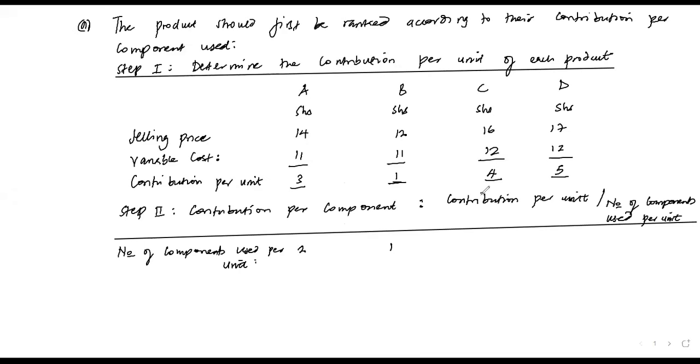This is shillings 6 divided by 2, so here they used 3 components to make a unit of the product. Then for product D, we incur shillings 8 on components, and each component is 2. So 8 divided by 2, that is 4. So after getting the number of components used per unit, we can get the contribution per component.